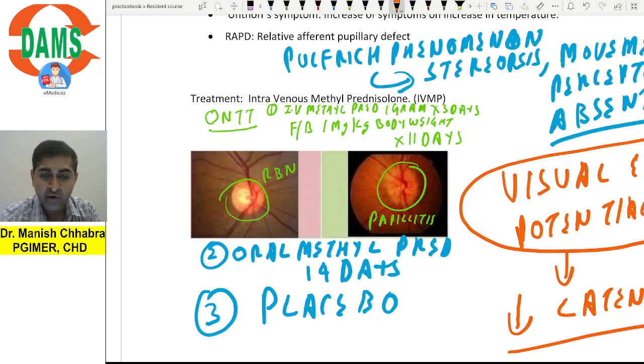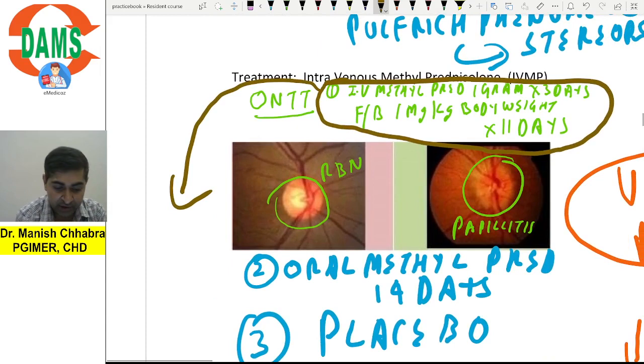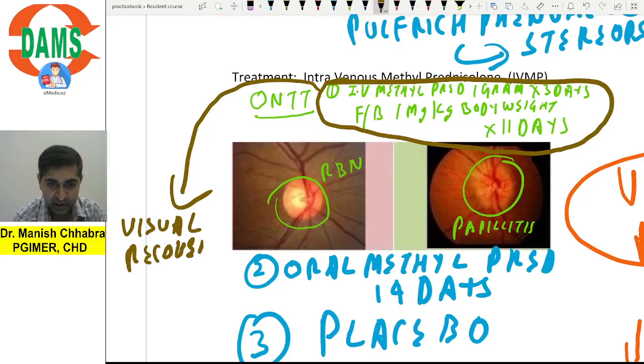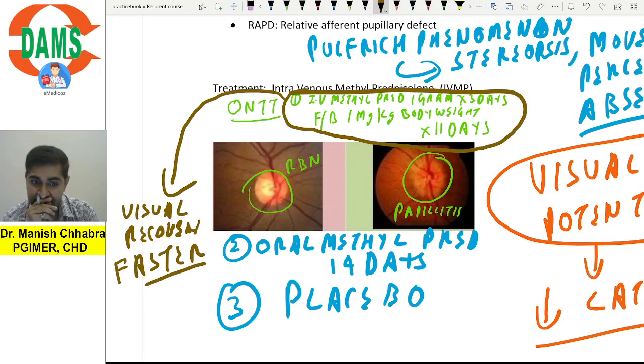And it was seen that the ones which received IV methylpred 1 gram for 3 days followed by 1 milligram per kg body weight had visual recovery. Yes, there was visual recovery which was faster.